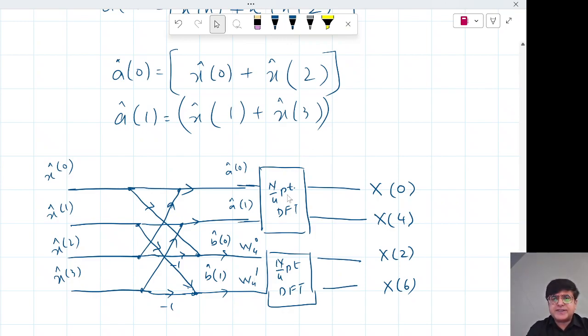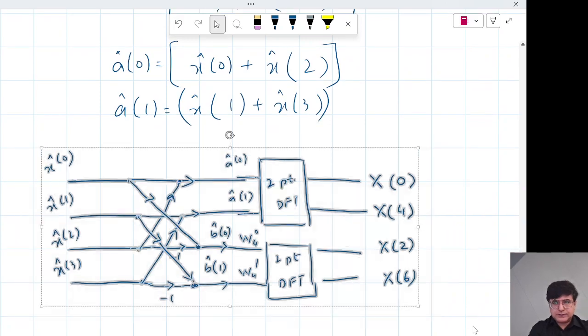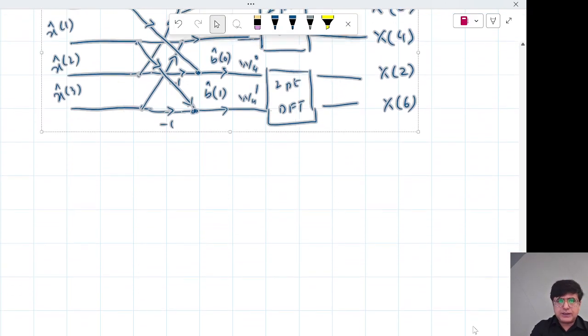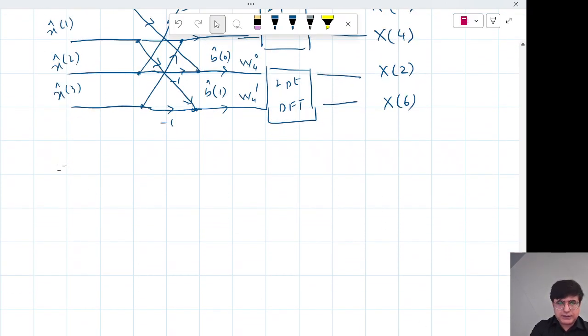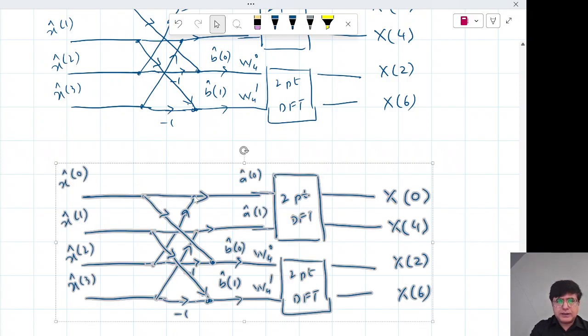Now what is this? If this capital N was 8, then 8 over 4 is 2, right. So this is just a 2 point DFT. And you already know what a 2-point DFT is, that we discussed in the last class. Let me just copy this guy. Control C. Let's have it here.